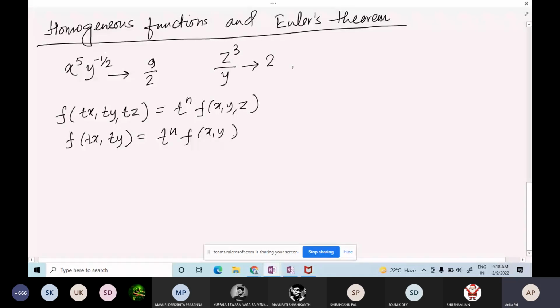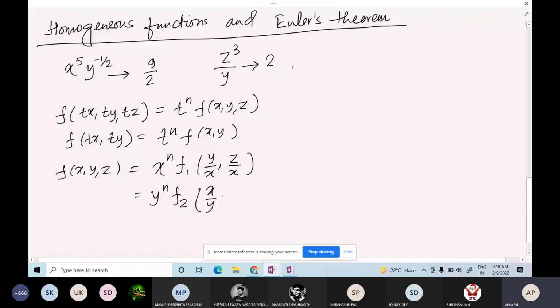A homogeneous function with 3 variables can also be written in very different manners. Sometimes we write f(x, y, z) equals x to the power n f1(y by x, z by x). We can also write y to the power n f2(x by y, z by y). We can also write z to the power n f3(x by z, y by z).